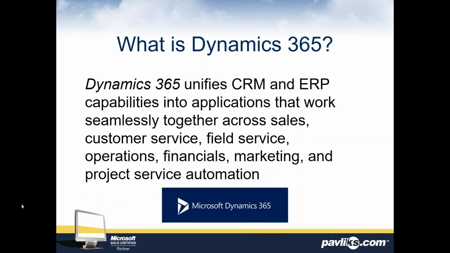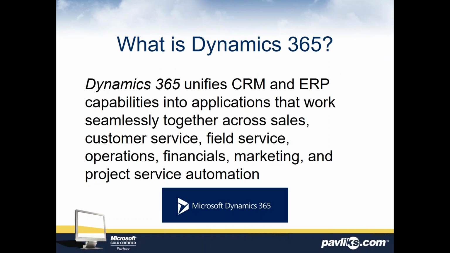All right, so what is Dynamics 365? Well, this is Microsoft's spin. It unifies CRM and ERP together into one application that seamlessly works together, and they've really changed the terminology onto more of a functional perspective within a business, where they define things as sales, customer service, field service, operations, financials, marketing, and project services. Very different terminology than in the past, where it was talking about ERP and CRM.